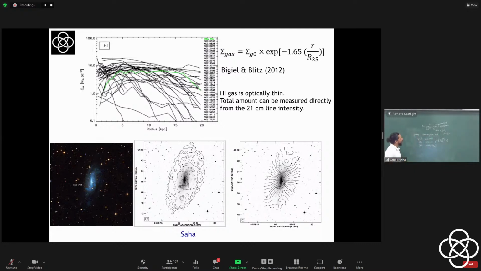So it seems that first we should have an idea about how many stars there are in a galaxy, and that's not very difficult.